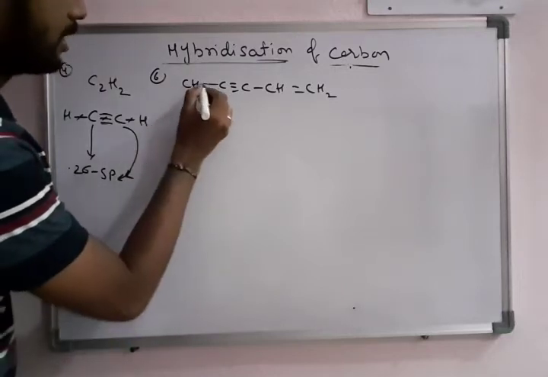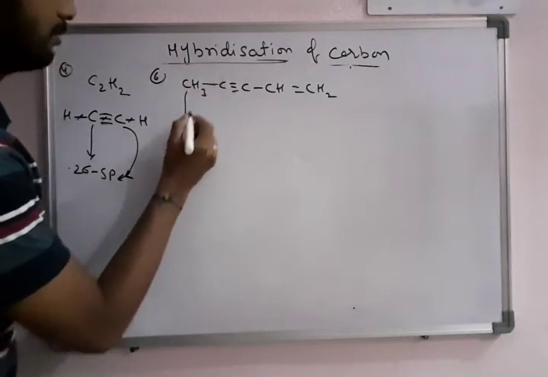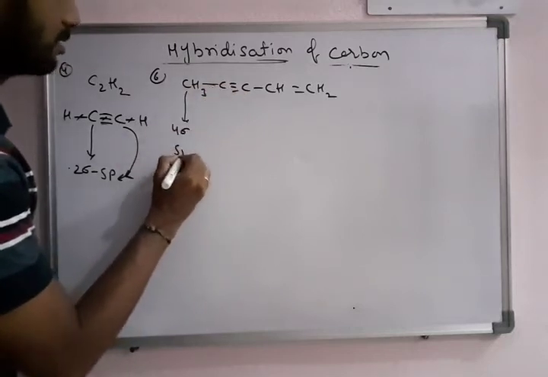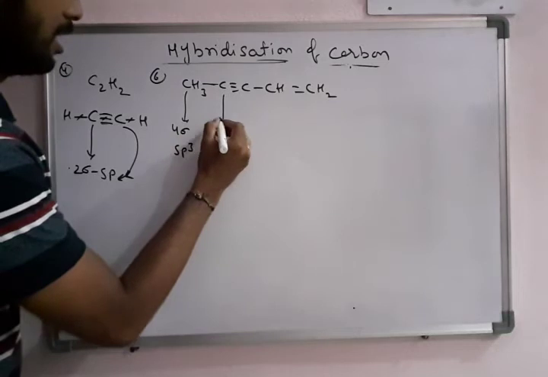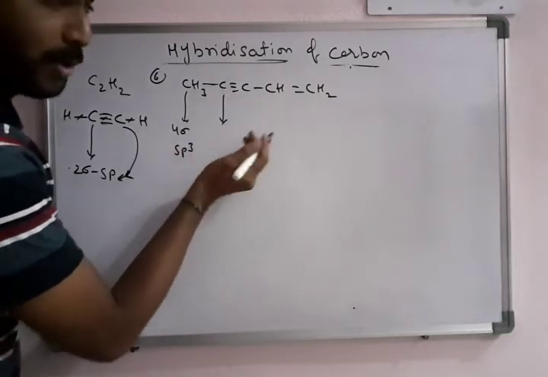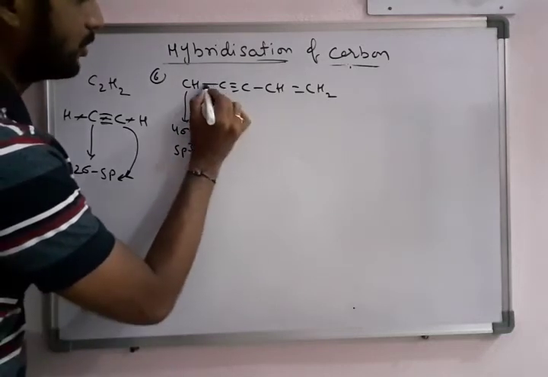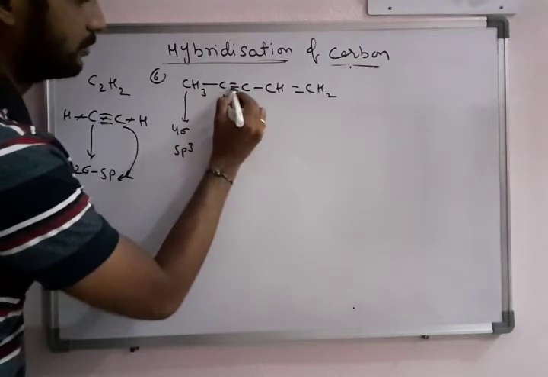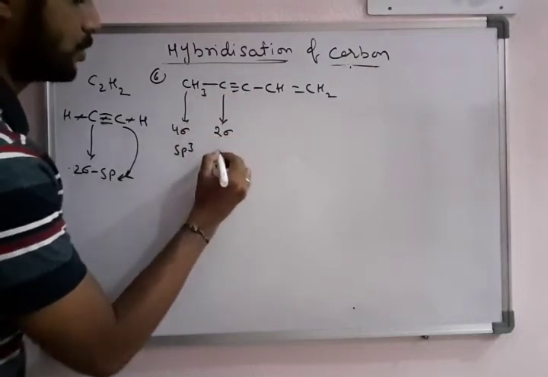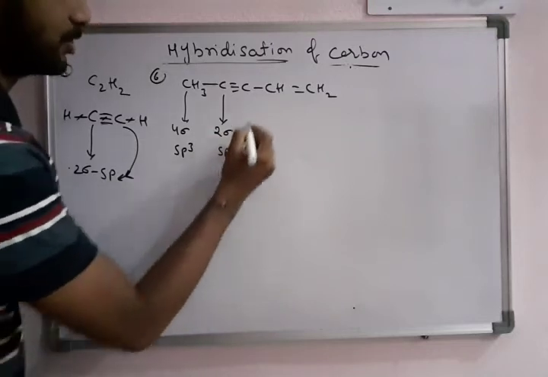And there is another bond with the next carbon, so in total 4 sigma bonds, sp3. Now this next one has no hydrogens, but has 1 carbon on the left side and 1 carbon on the right side, 2 sigmas, so it is sp hybridization.